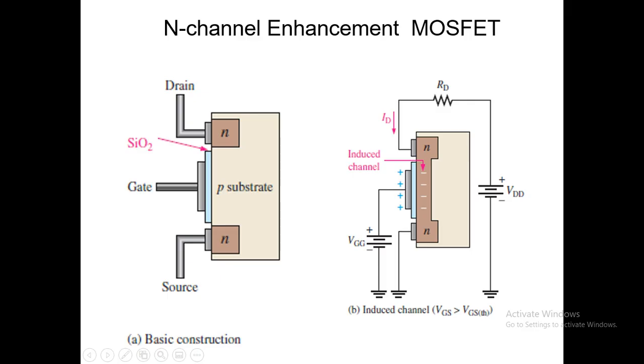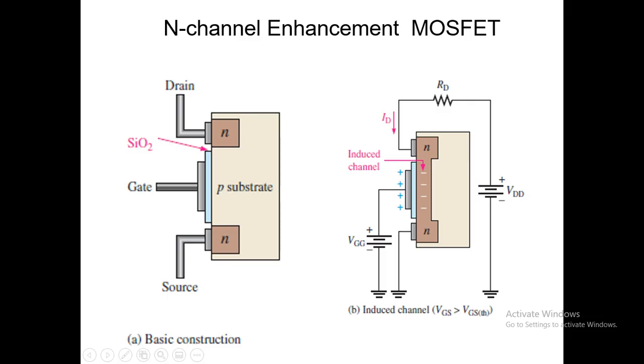If you apply the gate source voltage as positive, it will induce positive charges on this side, and on the opposite side an accumulation of negative charges, that is your induced channel. Due to this induced channel, the current flows from the drain to source.